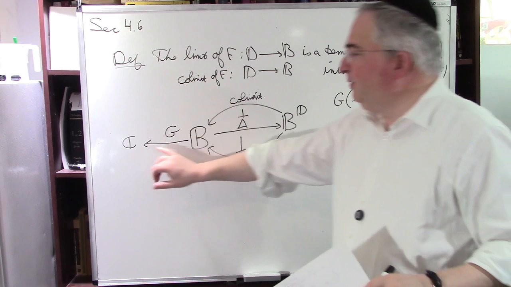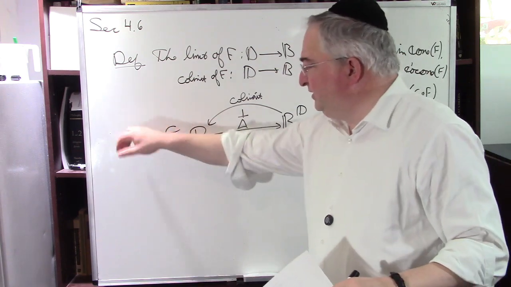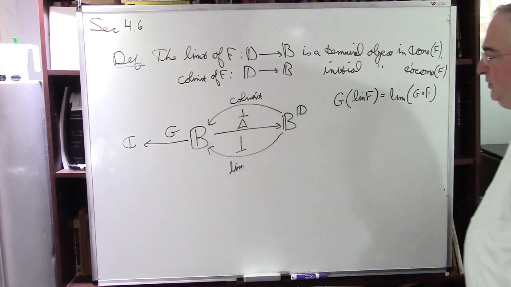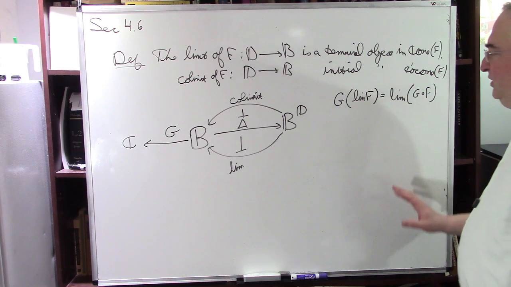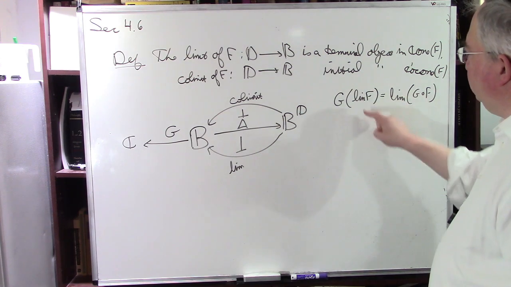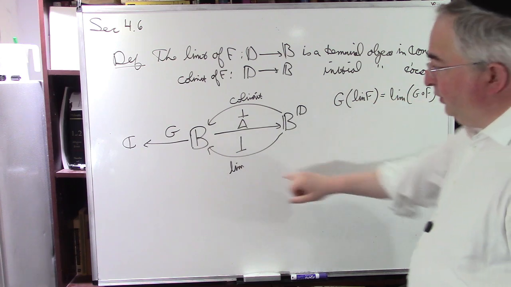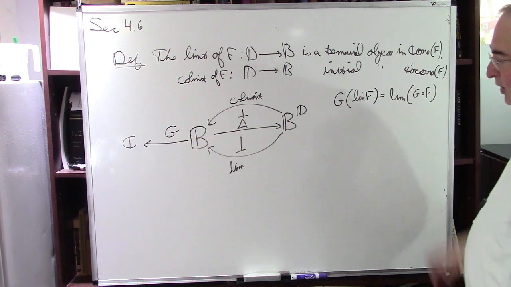Again, we have to talk about D to the C and how limits are related to that, but I don't want to get into that. What I just want to say is this is what it means for a functor to preserve a limit.